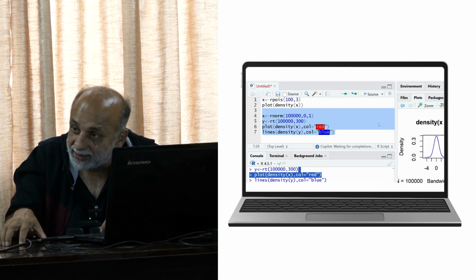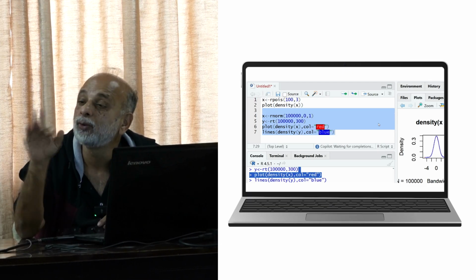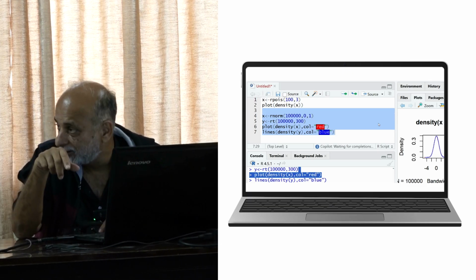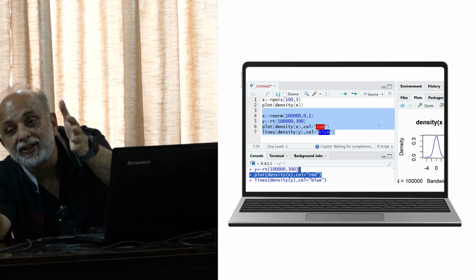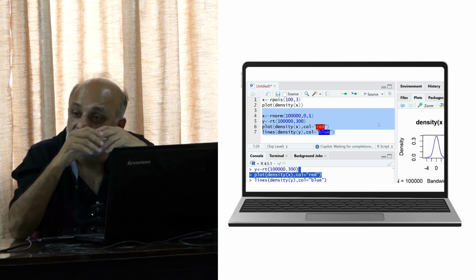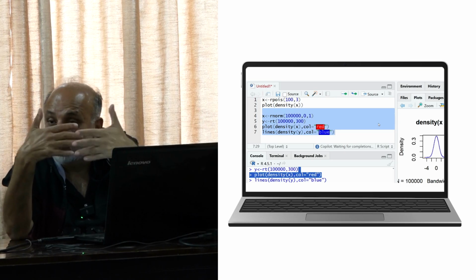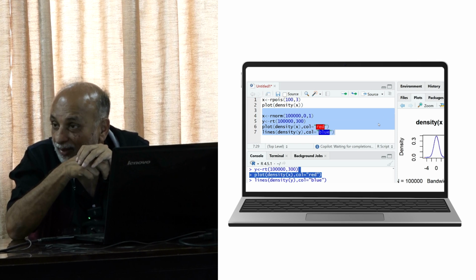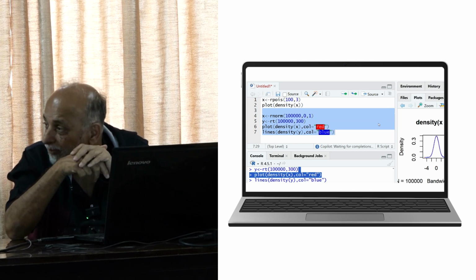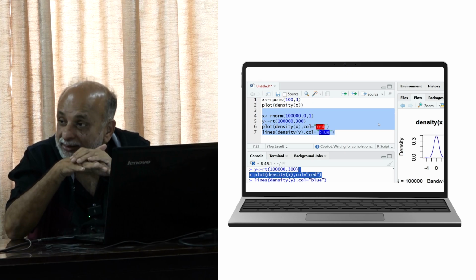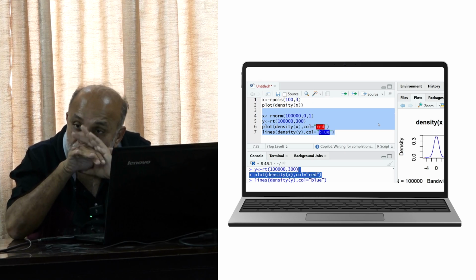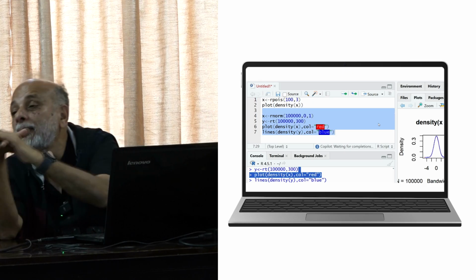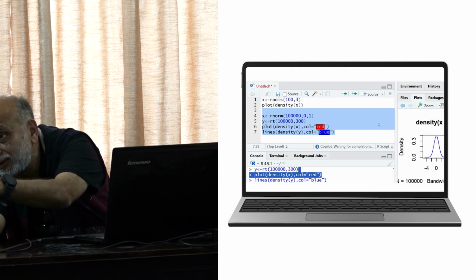When we want to test hypotheses about an unknown population variance. When do you use the F distribution? When you want to compare two population variances. And when do you use the T distribution? When you want to test an unknown population mean, when the population variance is not known.